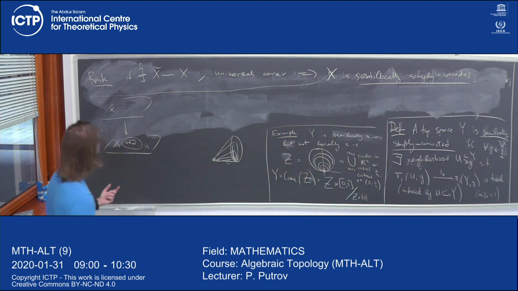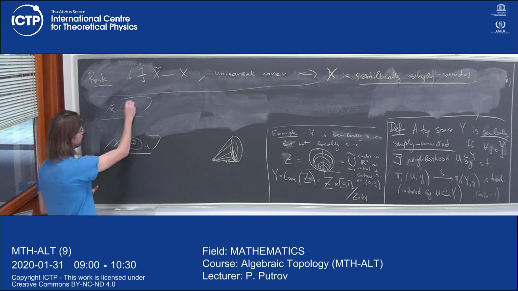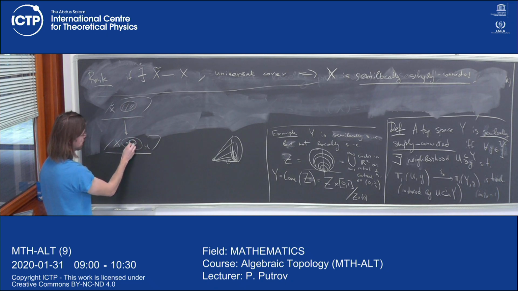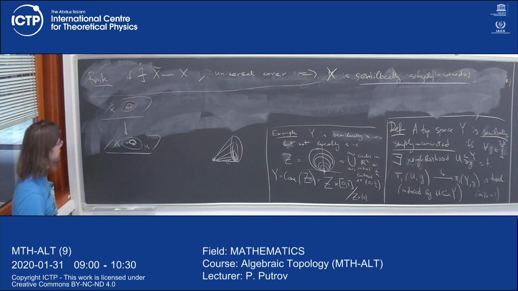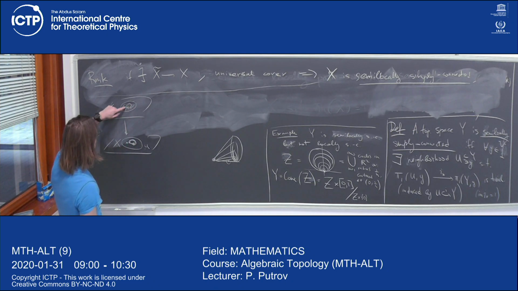And since U is evenly covered, there is a homeomorphism to a certain open neighborhood here, so this small loop inside this neighborhood is lifted to a loop here. But I know that this loop is contractible in X tilde because X tilde is simply connected.